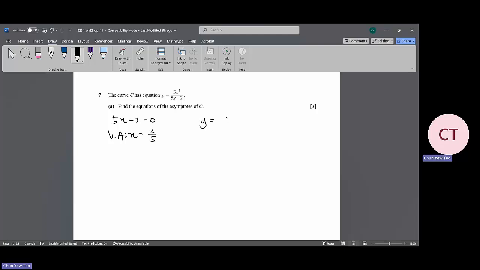And for the OA, I will do it like this. Take the 5x minus 2. Okay, so we have plus the 2x. We will have 5x minus 2 plus the 4 over 5.